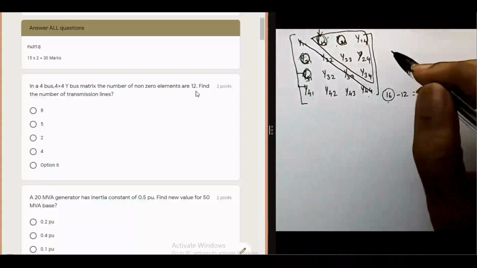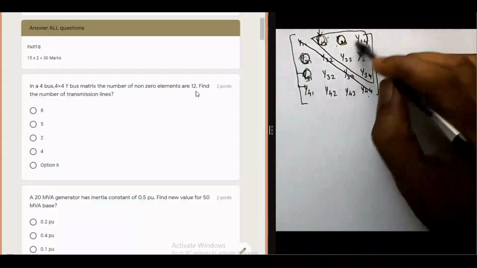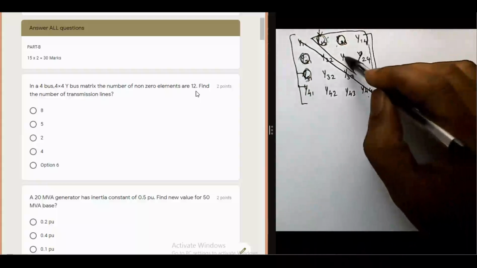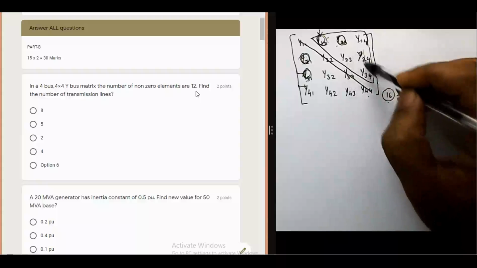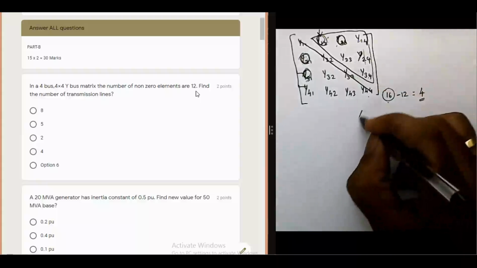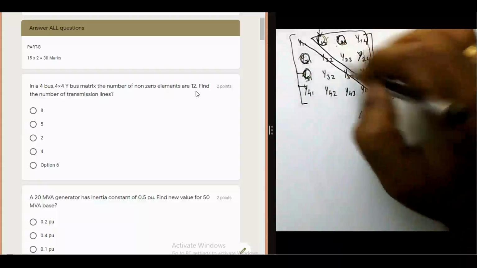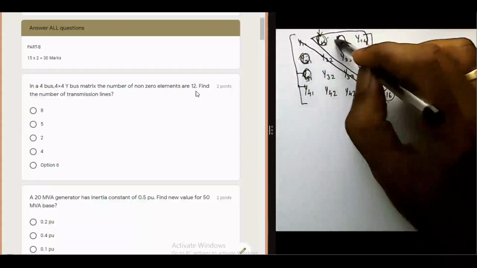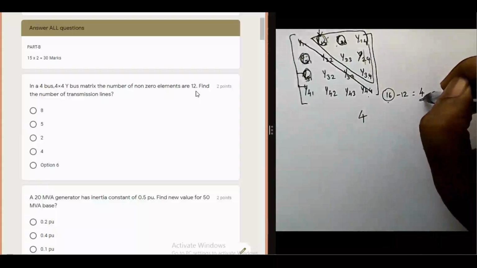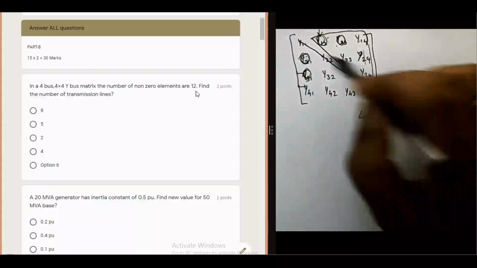Then what are the remaining elements? Just count any one of the upper triangle or lower triangle. Here 1, 2, 3, 4. Here the answer is 4. Only consider any one of the triangles.